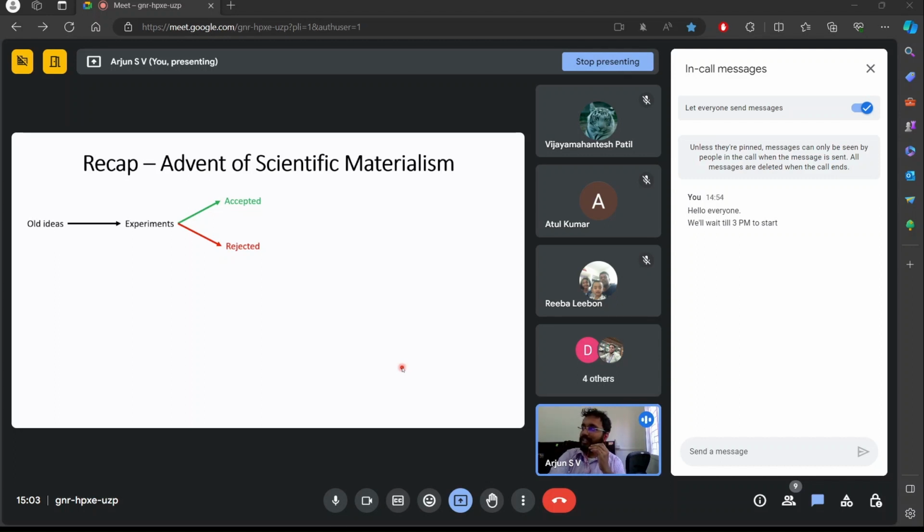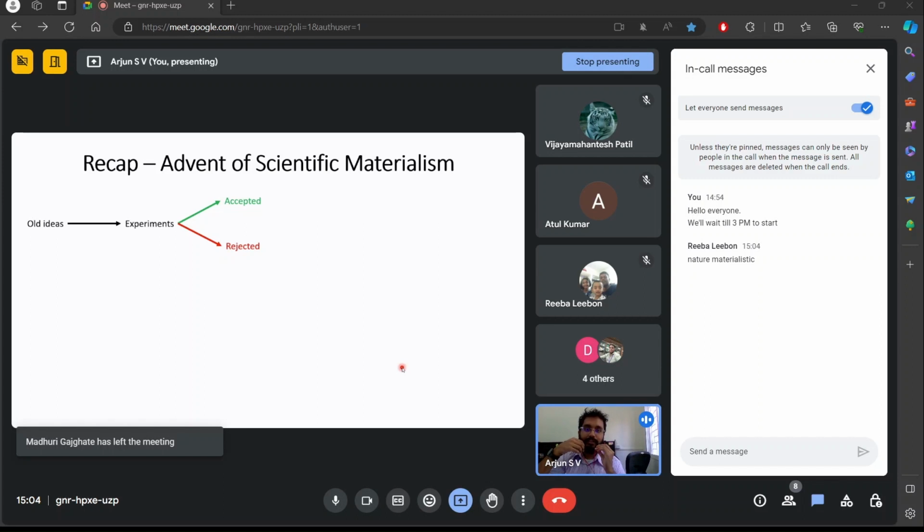So, mechanical materialism is a subsection of materialism, an early form of modern materialism. It may sound confusing, but it's a very primitive form of modern materialism. In mechanical materialism, scientists, philosophers, and thinkers have this notion that nature is materialistic.